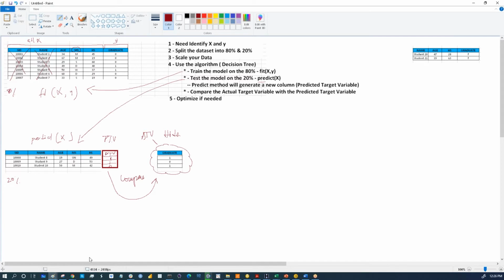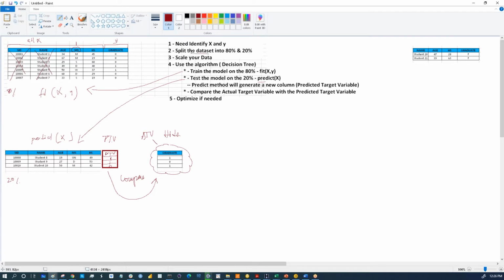So we got age, which is numeric, hours spent, which is numeric, which is good, and the target variable is binary. The only thing for this specific example is transforming the marital status, if we decide to use it, from categorical into numerical data.